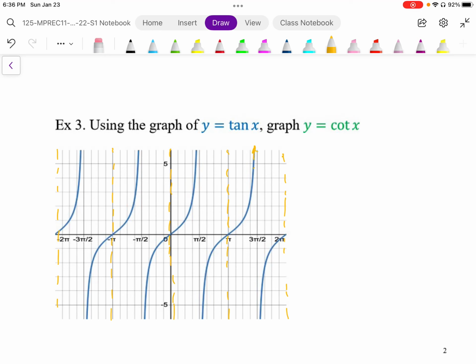So as I stretch out that way and this way, that's going to lead towards a zero. So the opposite happens. I'm going to draw my zeros here, where the asymptotes were previously. They now represent zero. It's a reciprocal relationship. And then I can draw in the reciprocal relationship.